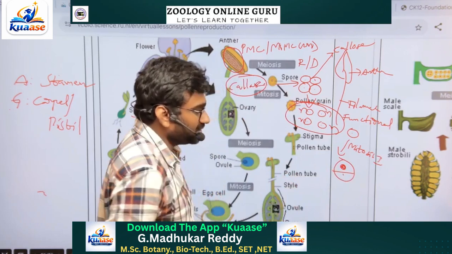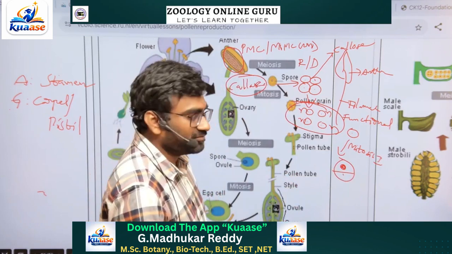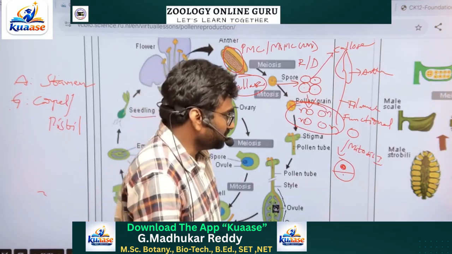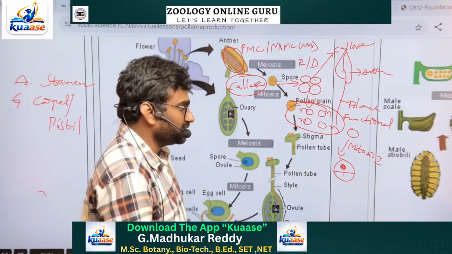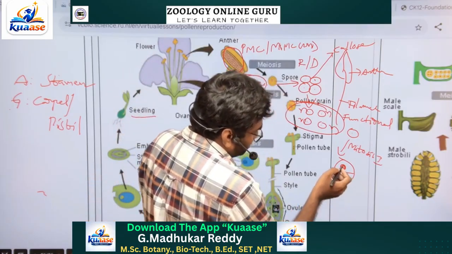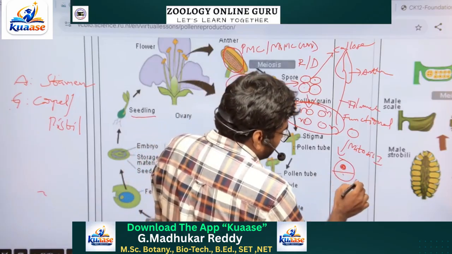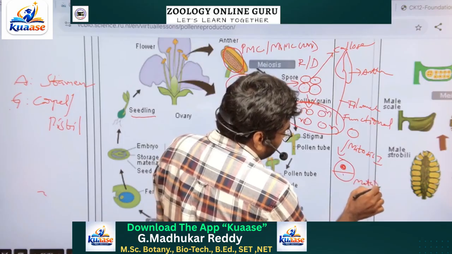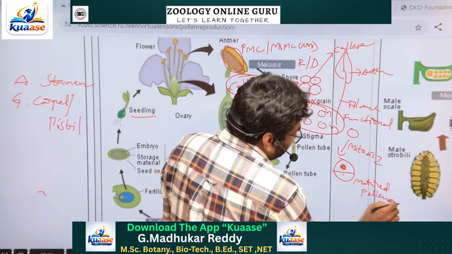The vegetative cell contains abundant food materials, and the generative cell is involved in the production of 2 male gametes by undergoing mitosis division. So this pollen grain is now known as a matured pollen grain.